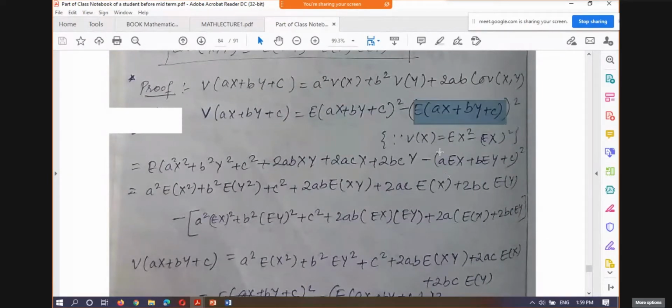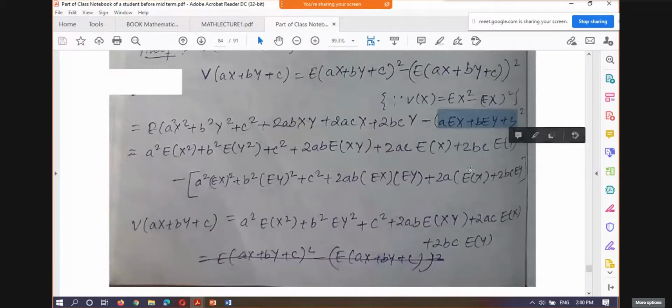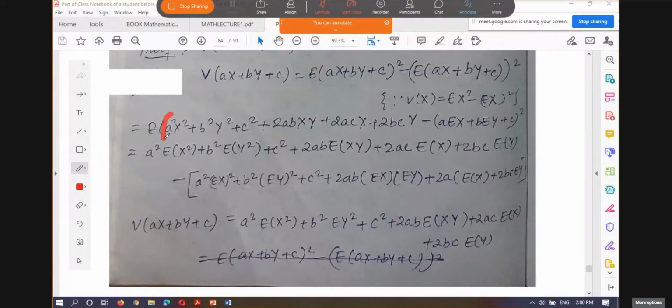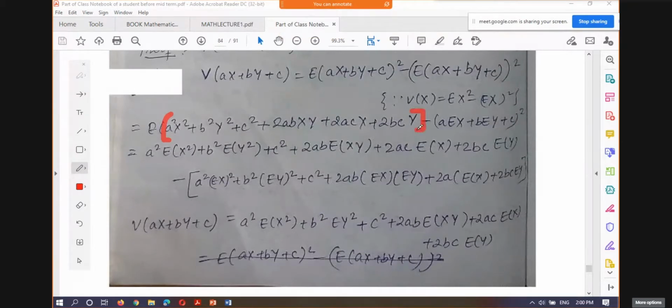So expectation goes inside. You know that today we took this result: a expectation of x plus b expectation of y plus c, and then we have to take the square in the next step. As this E goes inside, similarly this E goes inside of each and every term here.